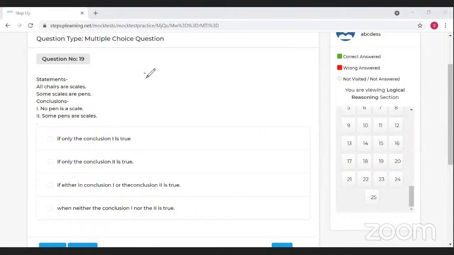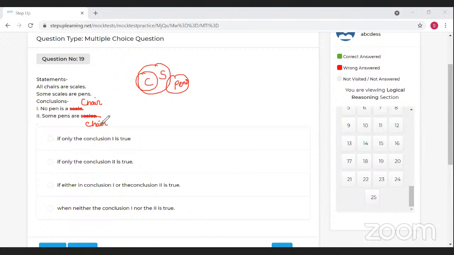So now look at this. All chairs are scales and some scales are pens, right? Now, conclusion one: no pen is chair, and conclusion two: some pens are chair. This is the question.